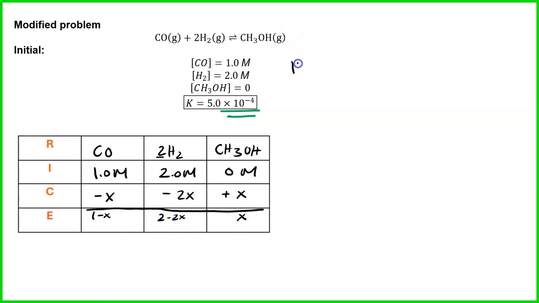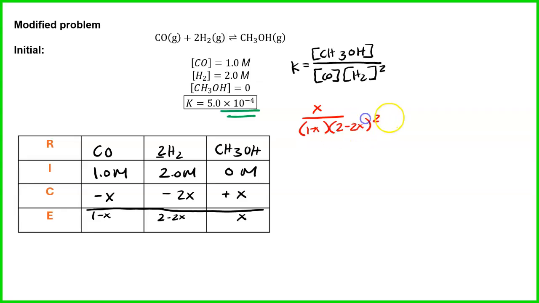I'll start by writing my K expression, which is my products over the reactants. No coefficient for the product, no coefficient for carbon monoxide, and I'll raise hydrogen to the second power. I'm going to plug in the values from the ICE table. So for the product, I have x, then over 1 minus x times 2 minus 2x squared.